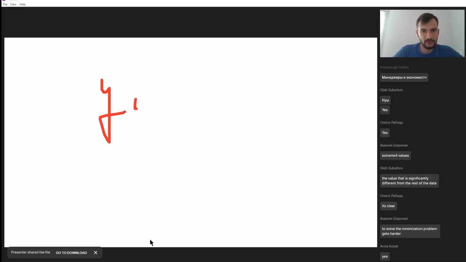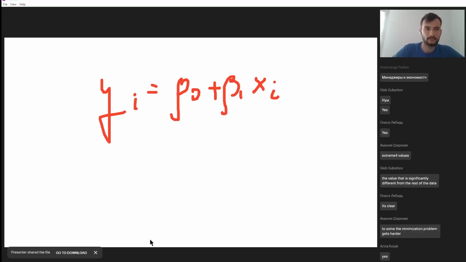Okay, before the model was kind of like this, right? y_i = beta 0 + beta 1 x_i, and x_i is just one observation.